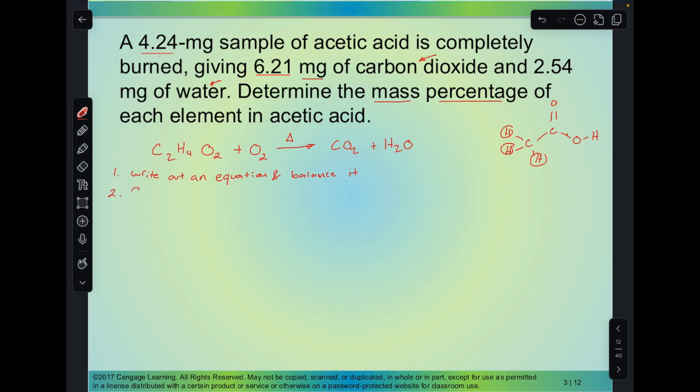Next, you want to find your starting material values. So SM stands for starting material. And those are going to be your reactants. And then you want to apply them to dimensional analysis.